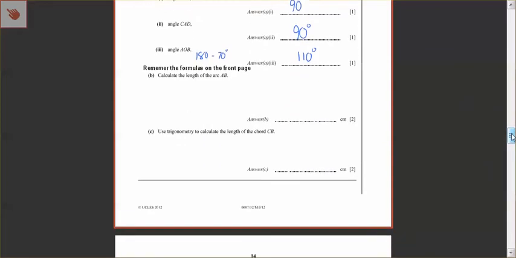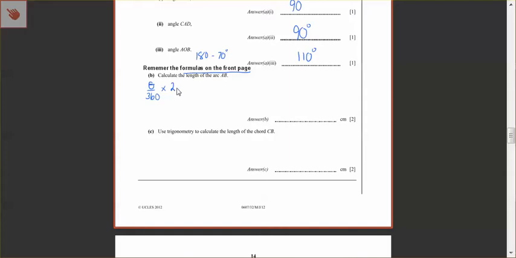Right. Now this would have been hard, especially without the formulas on the front page, so my fault there. But the length of the arc AB, do you remember, it's the angle divided by 360 multiplied by, well, the arc length is part of the whole circumference.